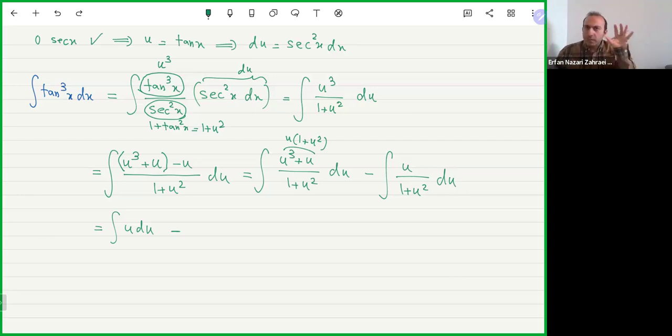The other one was if you see a term and the derivative of it also appears on top. So I see 1 plus u squared and the derivative of it, which is 2u, forget about the coefficients. So it's just u appears on top.